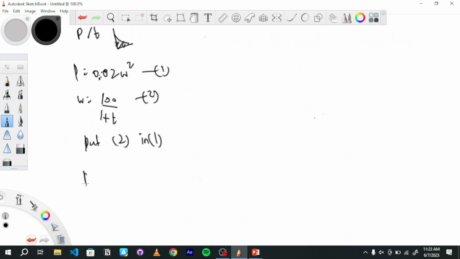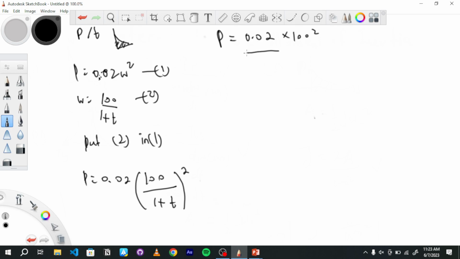When I put 2 in 1, I'll get P to be equal to 0.02 times omega. Omega is what? 100 over 1 plus t squared. So P will be equal to 0.02 times 100 squared all over 1 plus t all squared. So 100 squared times 0.02 is 200. So I'll get P is equal to 200 over 1 plus t all squared.